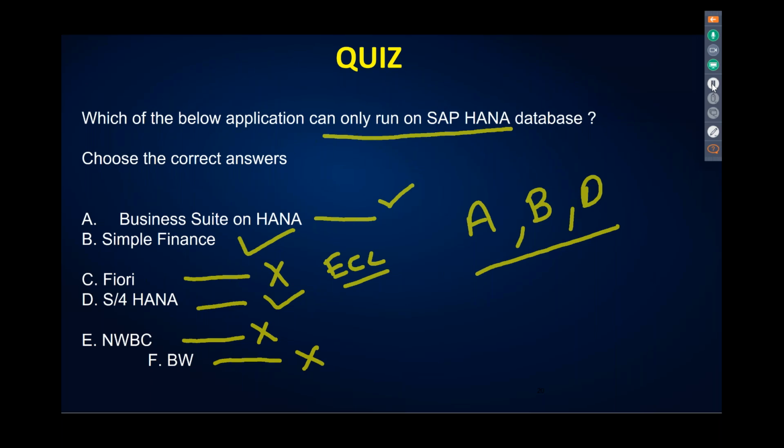What does simple logistics mean with respect to HANA? Choose the correct answers. So basically we are asking here about simple logistics. What do you understand about simple logistics? What does it mean? Is it the same as MM&O, material management and operations?